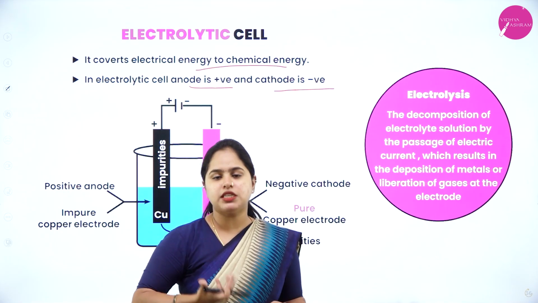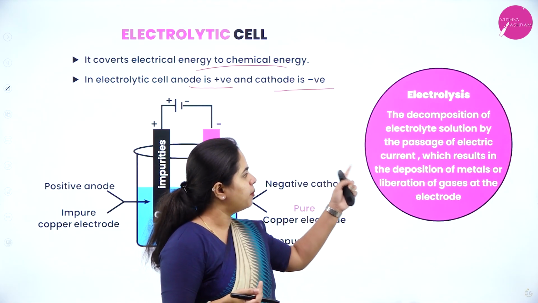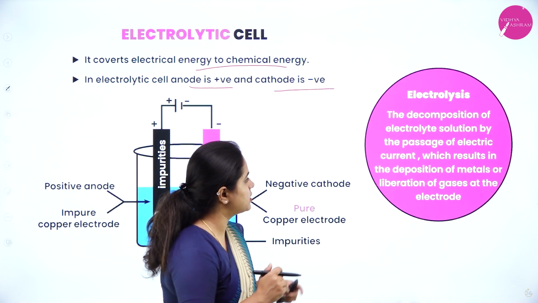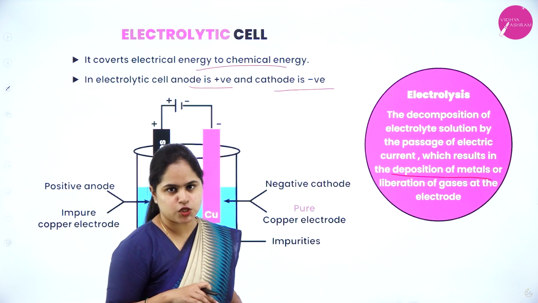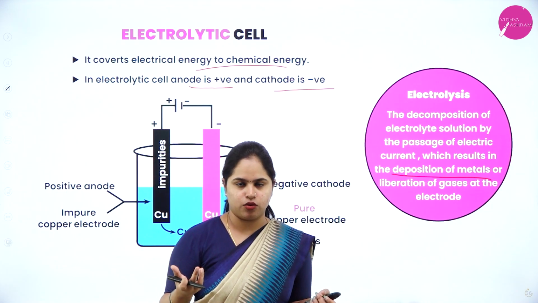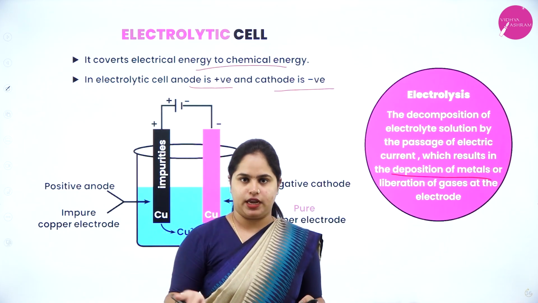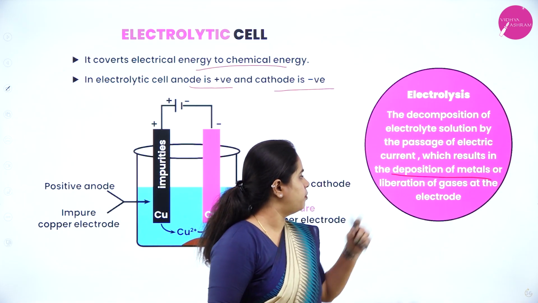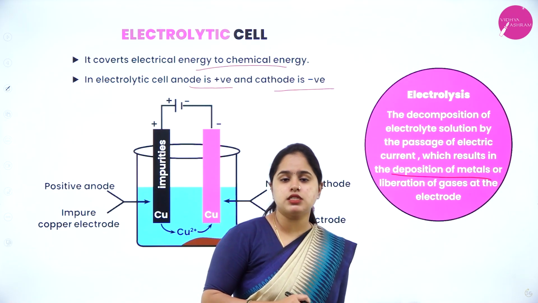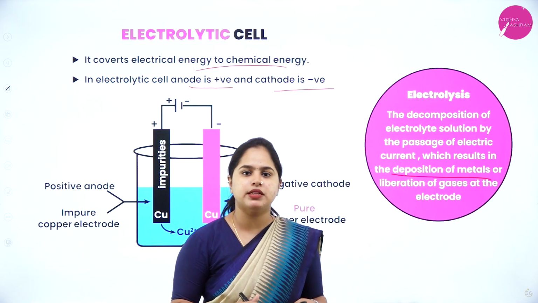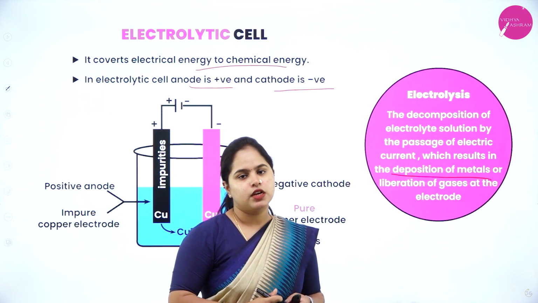An electrolyte solution must conduct electricity, right? By the passage of electric current, either metals will be deposited on the anode or cathode, or gases will be liberated at the electrodes. This process is called electrolysis. Okay, so I hope it is clear.